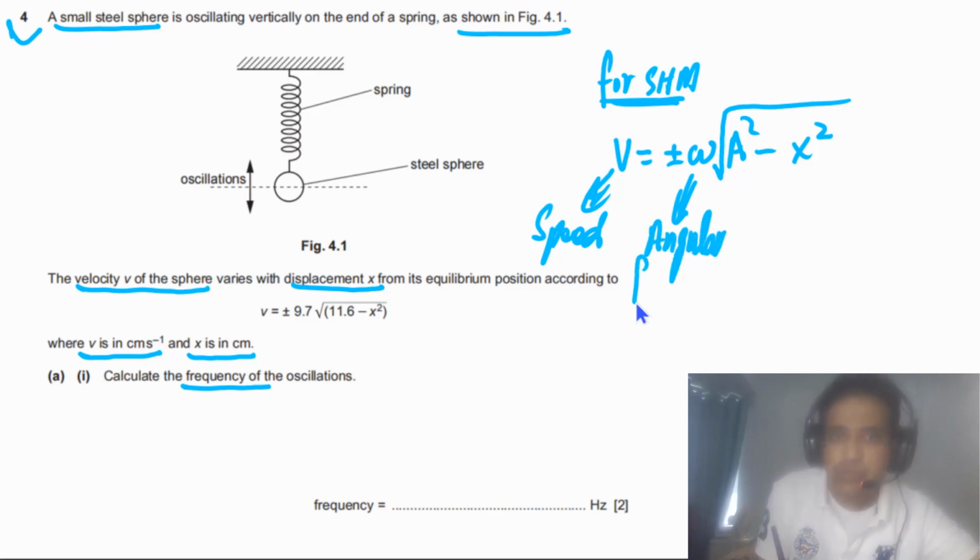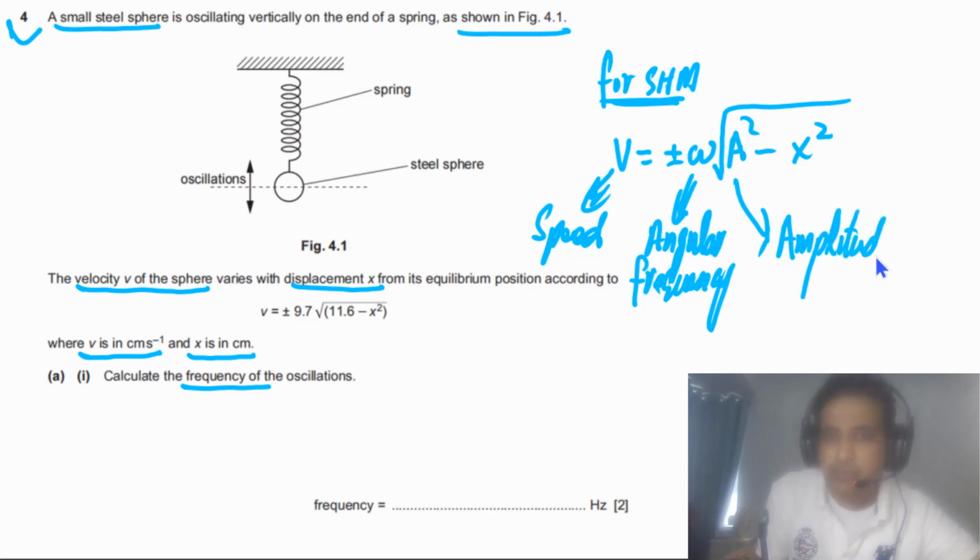So this quantity is angular frequency, and A is the amplitude of oscillations, meaning the maximum displacement from equilibrium position, and x is displacement at any given time. So these things you need to understand about this equation.